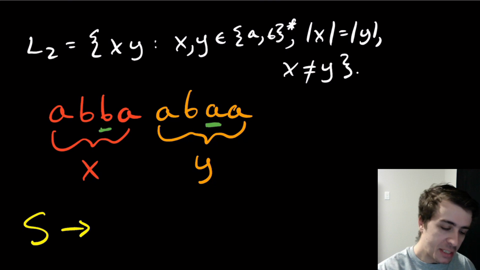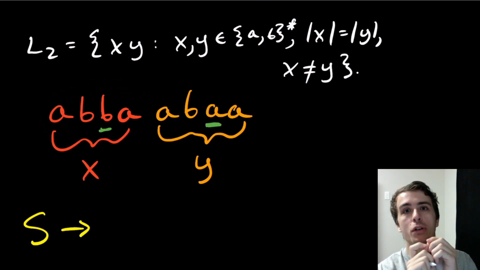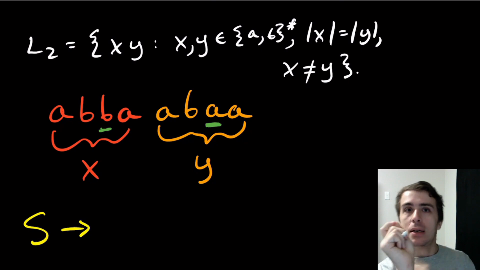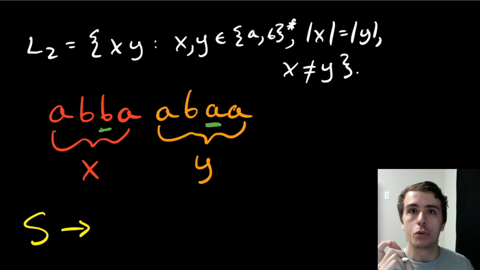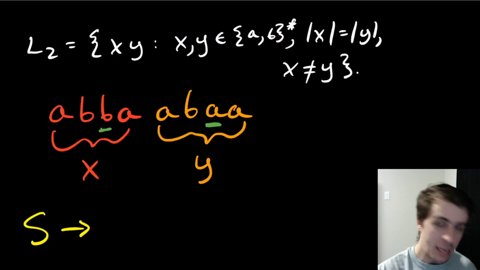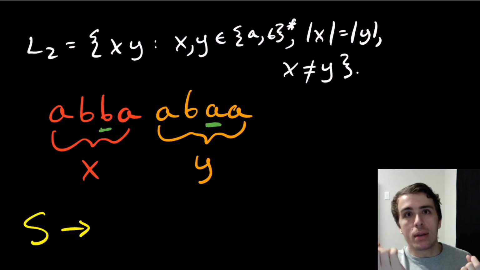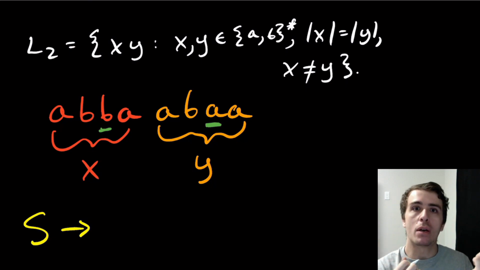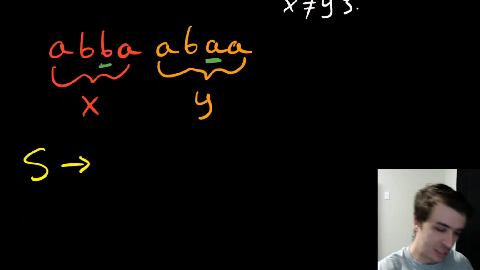Well, then that means that in the place where they're different, one of the 2 halves has an A in it, and the other one has a B, because they must be different in that place. And I don't know whether the A one occurs first or the B one occurs first, but let's handle both cases.